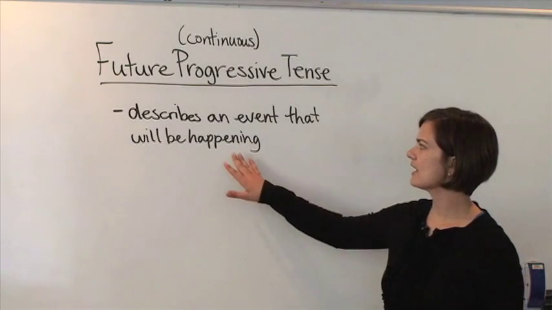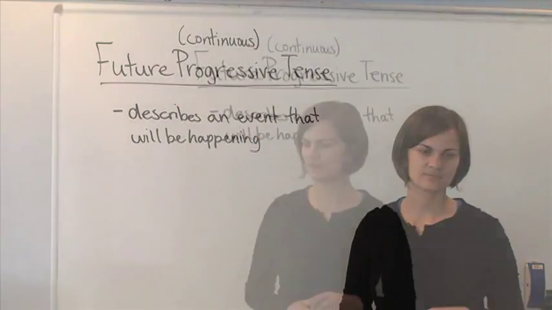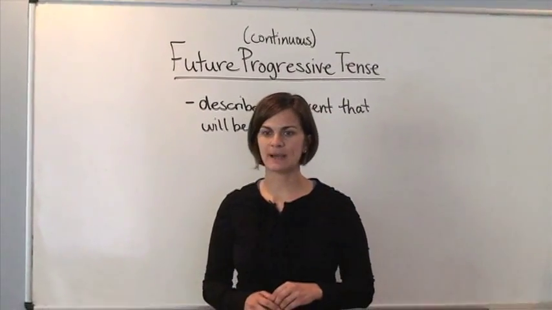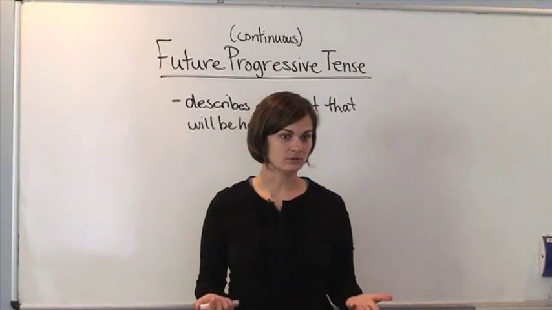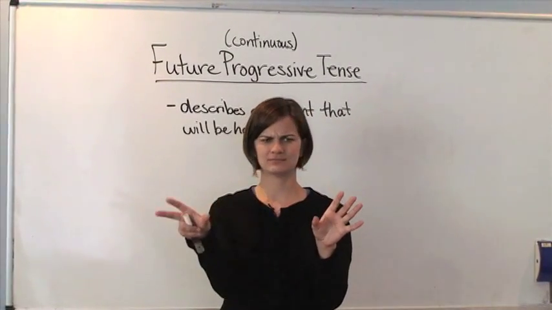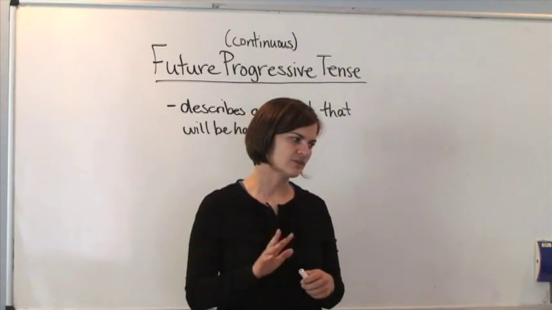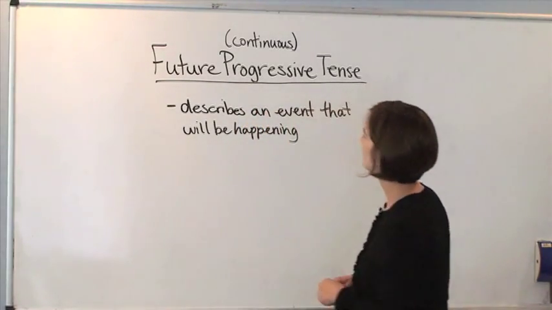And it also describes this event in relation to something else. So I will be going to see my friend after school, right? So will be going, when will I be going? After school, right? So we have the time. There's a time contingent there too.